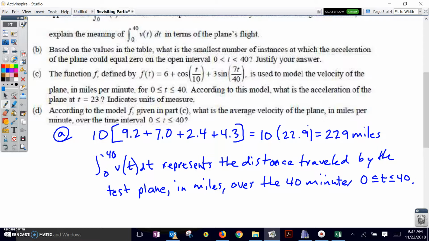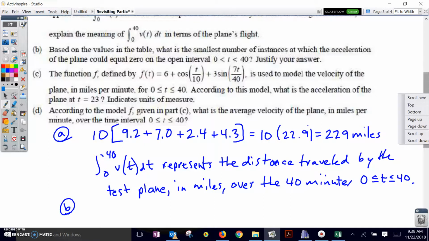Alright, part B. Based on the values in the table, what is the smallest number of instances at which the acceleration of the plane could equal 0 on the open interval from 0 to 40? So in order for the acceleration of the plane to equal 0, we're looking for places where the change in velocity goes from being positive to negative or negative to positive.